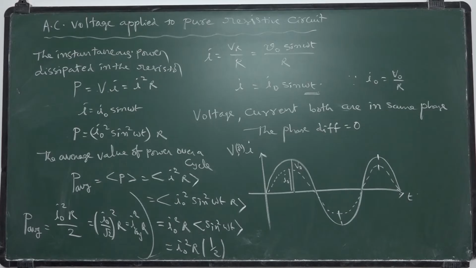The average power can also be written as P bar. So the average power dissipated through a circuit having pure resistance is given by IRMS square R. These points you should remember while doing the applications.